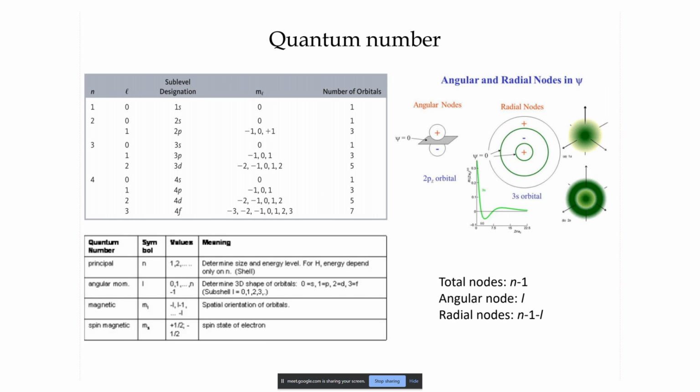That usually isn't something that really matters. But for the first three numbers, it matters, and it'll ask you what the sublevel designation is. Is it 1s? Is it 2s? Is it 2p? And so on. If you memorize this table, if you know which n, l, and ml's correspond to which sublevel, you'll generally be able to answer these types of questions.